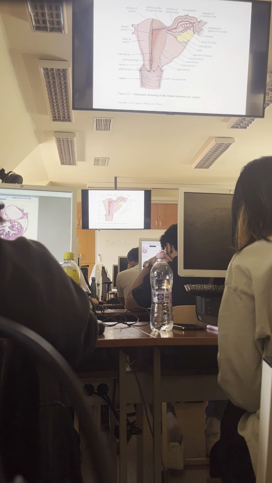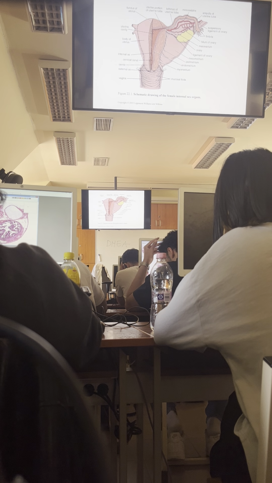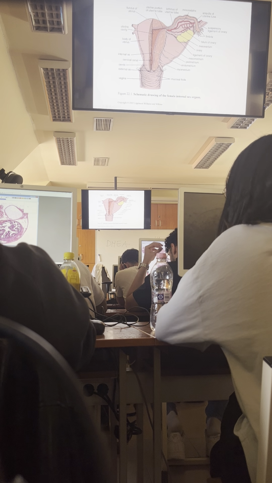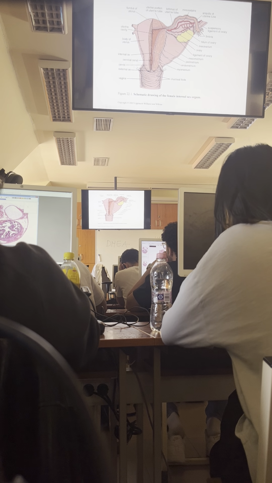Now, this yellowish something is the ovary, from where we can expect the ovulated egg. And as I said, normally it is swept into the uterine tube.